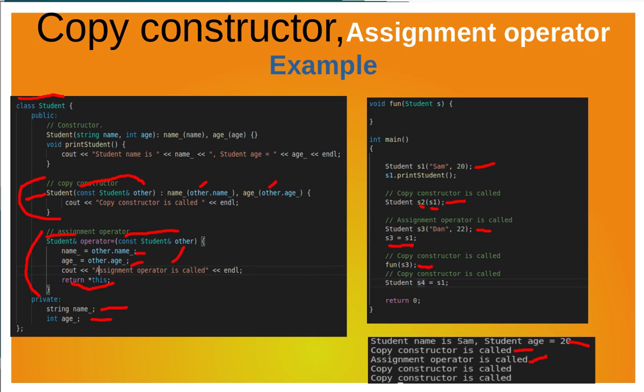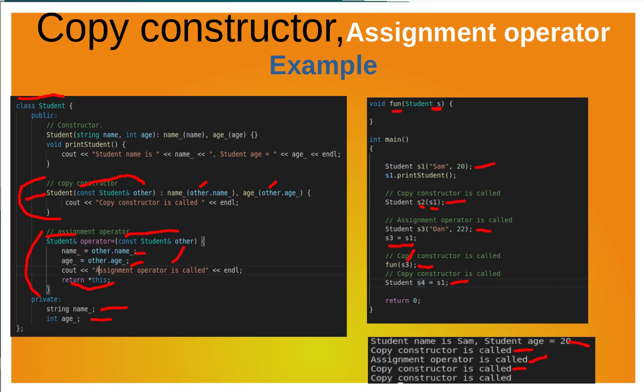In this line, I call this function, which takes student object as a copy, and calling this function will create S using S3 values. So copy constructor is called in this case. In the last example, I declared student S4 equal S1.